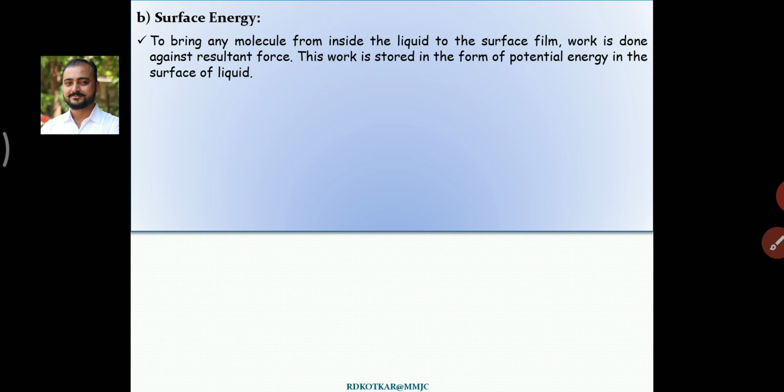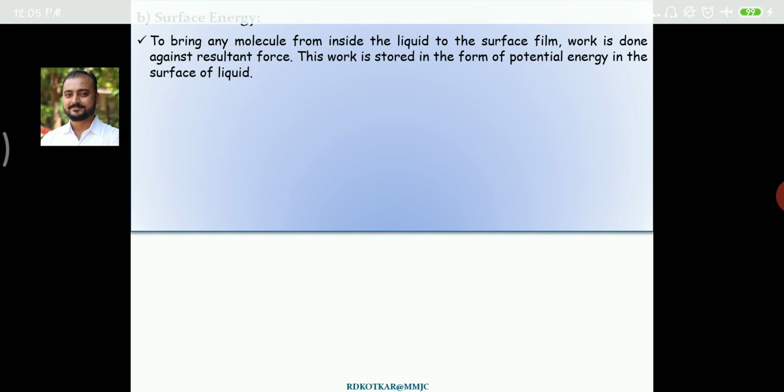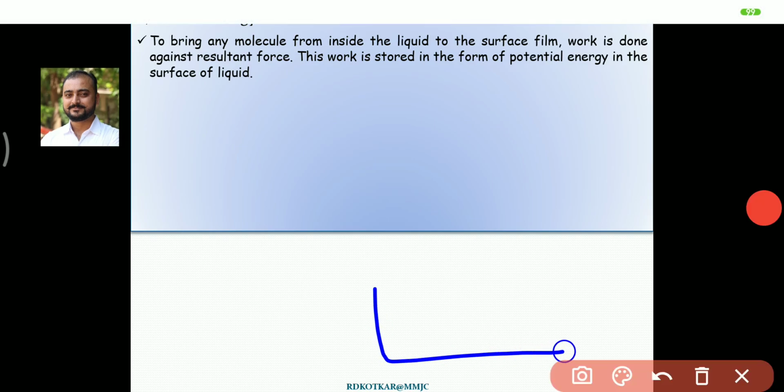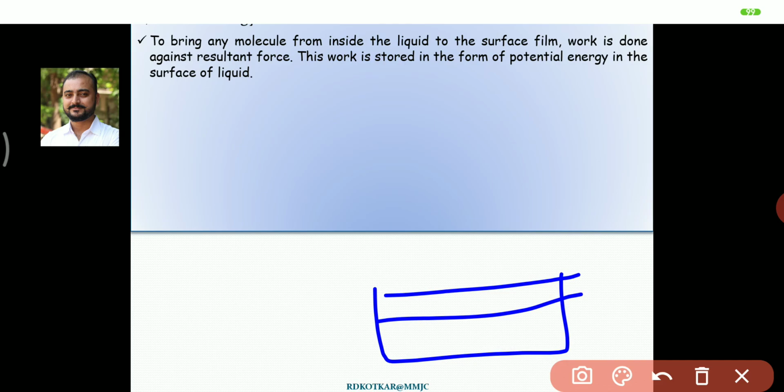This work is stored in the form of potential energy in the surface of the liquid. As you observed in the diagram in which we studied the molecular forces, there are downward pulls due to the liquid molecules present in the surface film.